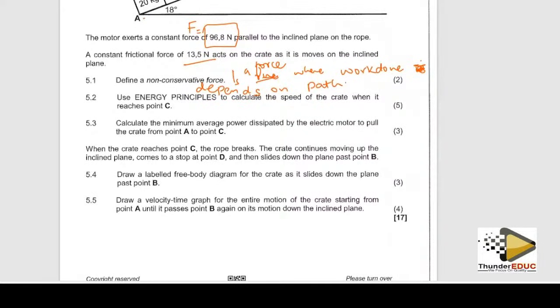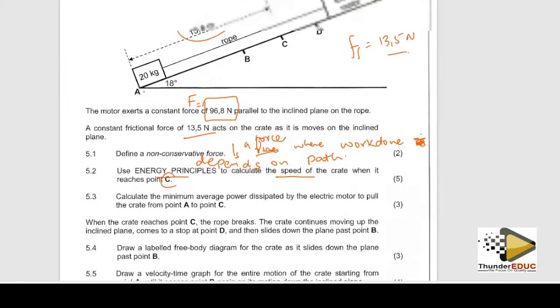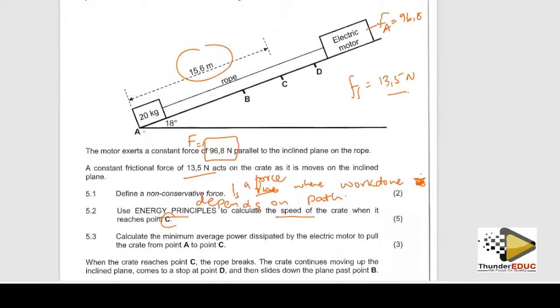All right, then 5.2. Use the energy principles to calculate the speed of the crate when it reaches point C. So what I see is that this crate is somewhere there at point C. What forces will be acting on this crate?